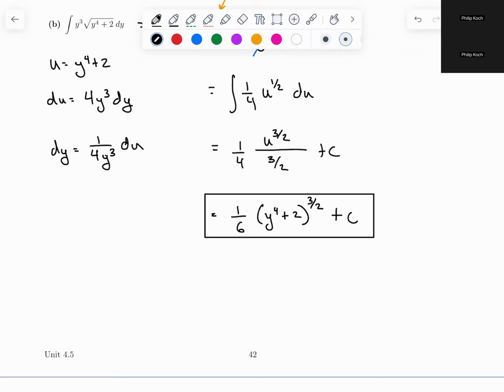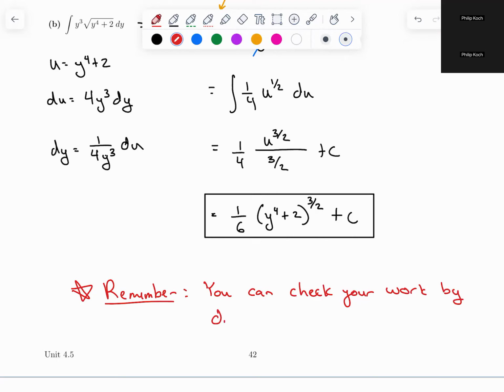Here's the cool thing. As a reminder, you can check your work by differentiating your answer. I guarantee you, if you take the derivative of this, by the chain rule, 1/6 times 3/2 becomes 1/4.